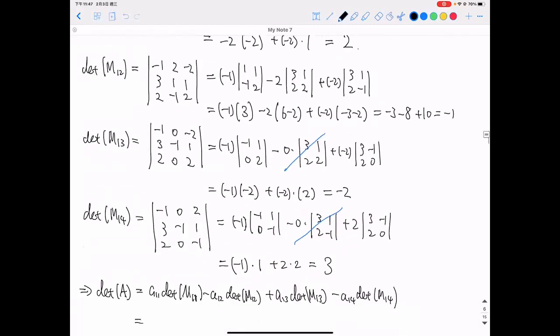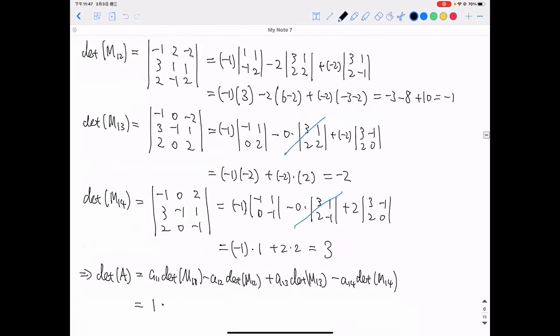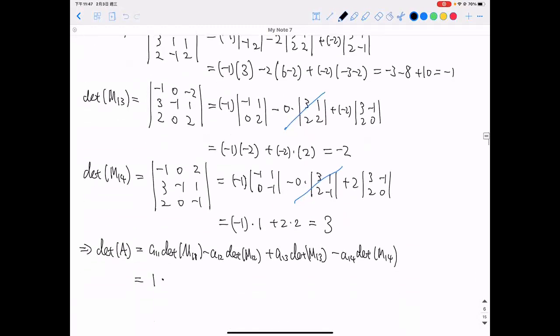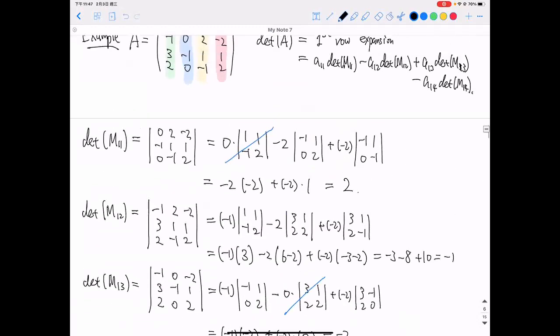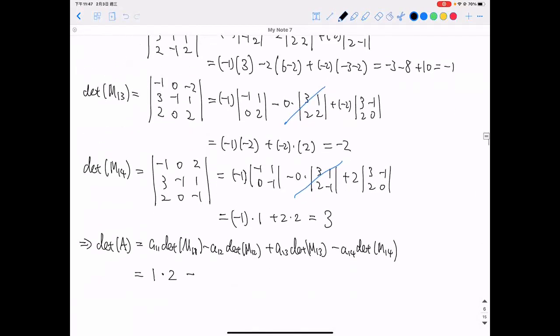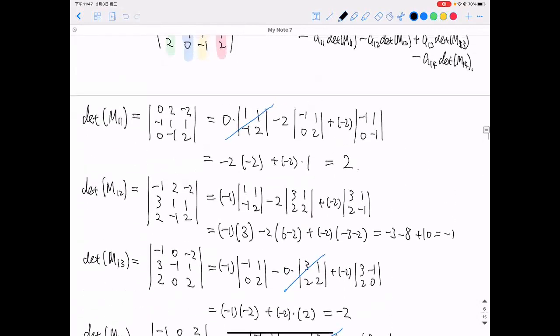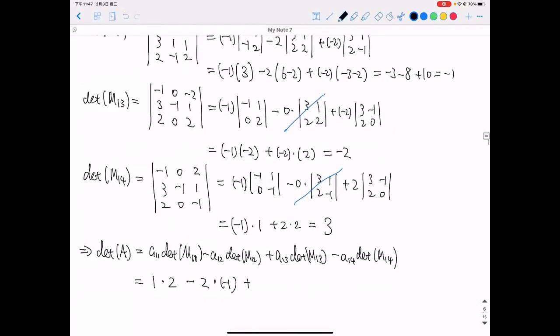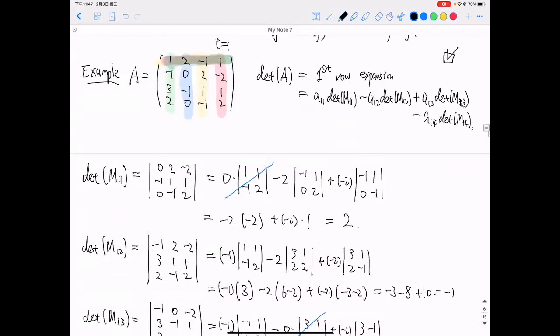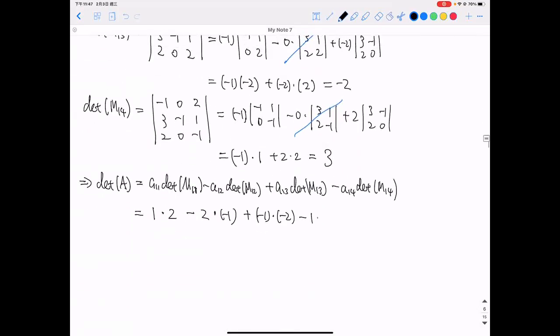A11 is 1, and M11 is 2, minus A12 is 2, M12 is minus 1, A13 is minus 1, M13 is minus 2, and finally A14 is a 1, M14 is 3.